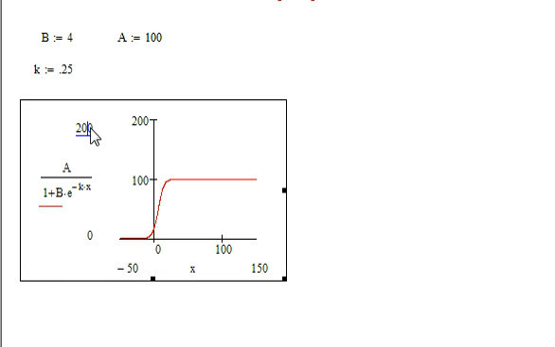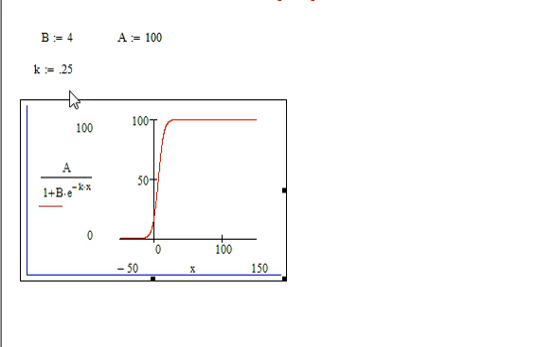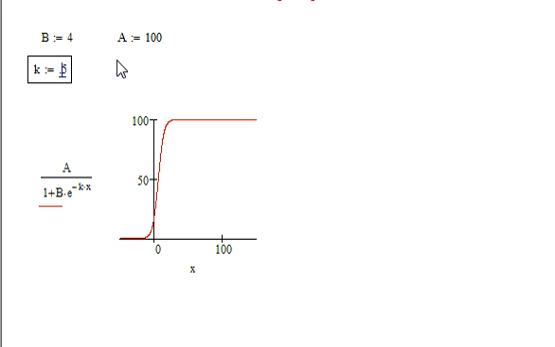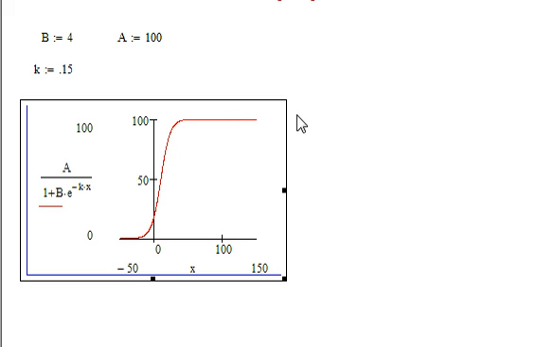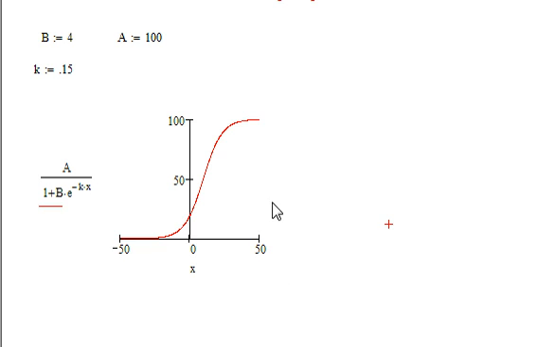It looks better to me than any of the other ones. That one is kind of sharp because my k is kind of big. I'll go back to 0.15. And I don't need to go clear to 150 there. I'll just go to 50. And now it's a real pretty looking stretched out S. But you see I can just change the parameters, but the graph is the same.